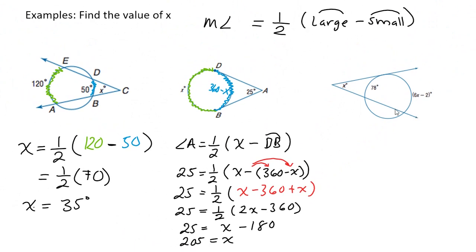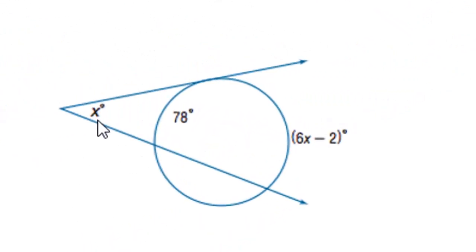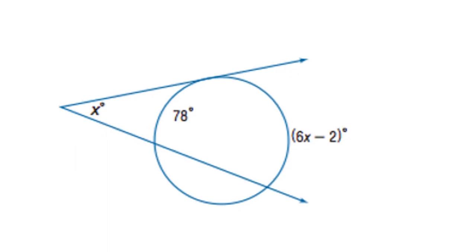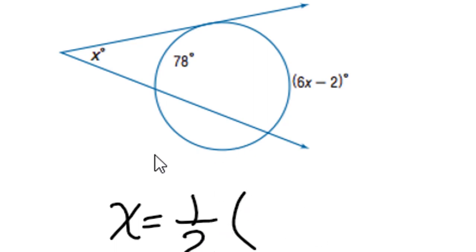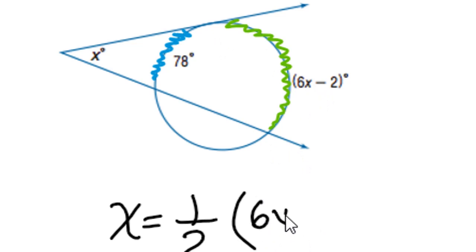The third one over here, we have X is the measure of the angle. So we have X is equal to 1/2. And then inside the parentheses, we have the 78, that is going to be our small arc. And then the 6X minus 2, that is the major arc. Okay, so we have the major arc, 6X minus 2, and then minus the small arc, 78.